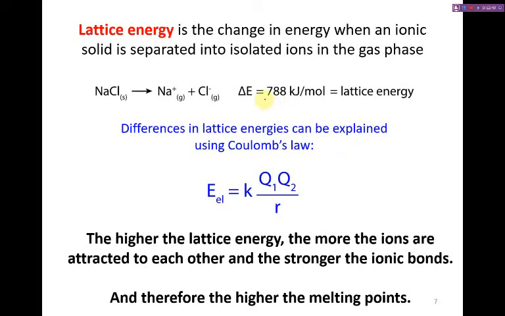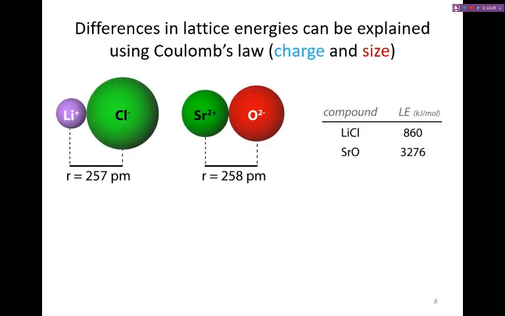This lattice energy can be calculated using Coulomb's law. We're not going to expect you to calculate it, but to be able to compare by evaluating contrasting charges and the ionic radii. Let's take a look at what that might look like.